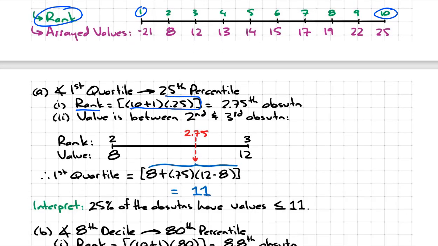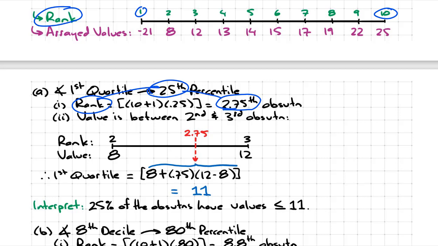So we use that framework. We just take the number of observations plus 1 times the percentile. Here's the way to read it: the rank of the 25th percentile is the observation between rank 2 and rank 3, specifically rank 2.75.